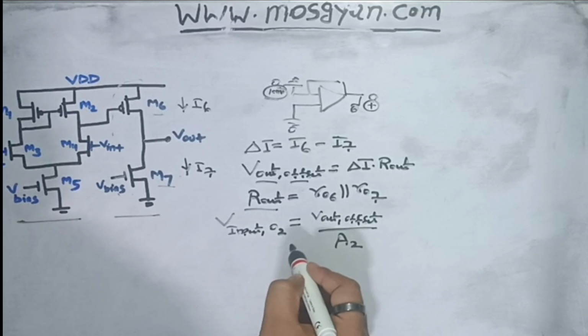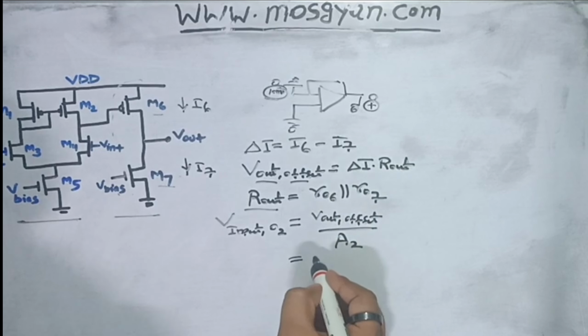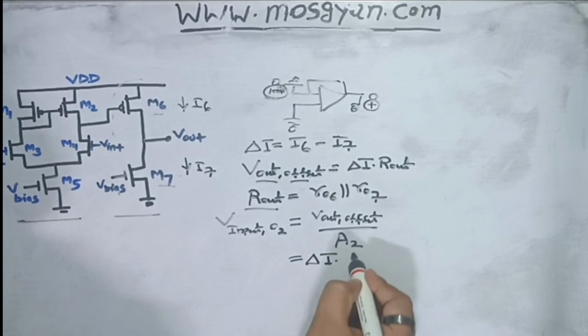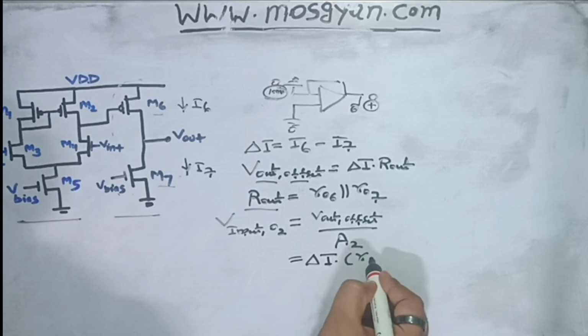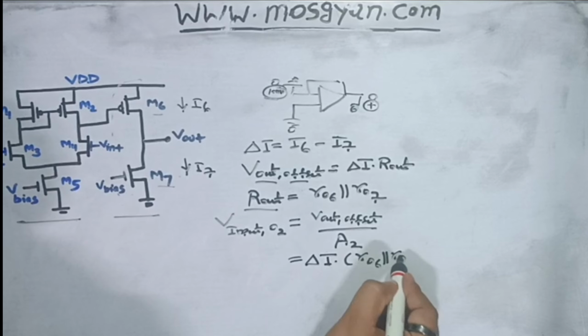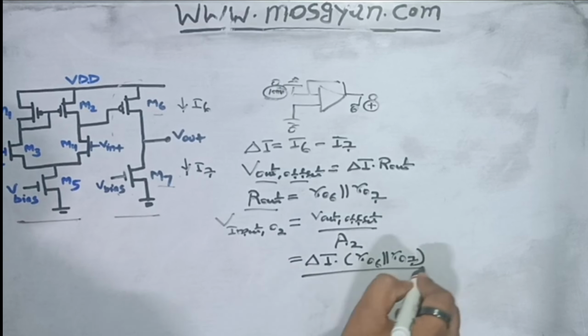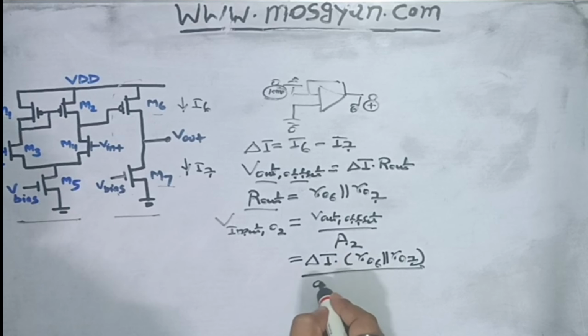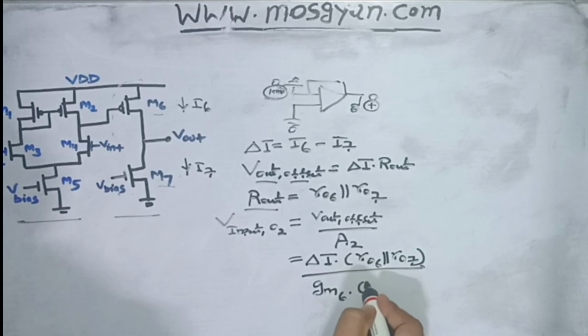If I replace the values here, the numerator would be equal to delta I times R out, that is r06 parallel r07, whereas A2 can be written as gm6 times r06 parallel r07.